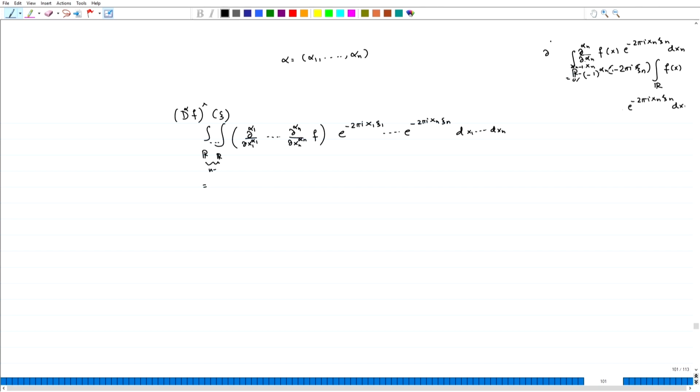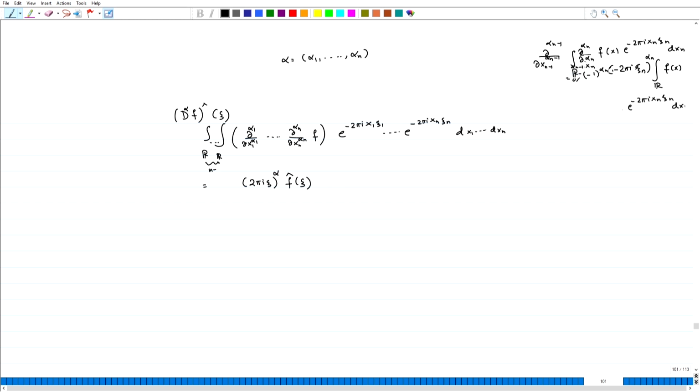If I apply the derivative of order alpha_n minus 1 over there, then again I will get a factor of minus 2 pi i xi, and then minus 1. So, by combining this simple observation, what we are going to get is 2 pi i xi to the power alpha, times f hat of xi.